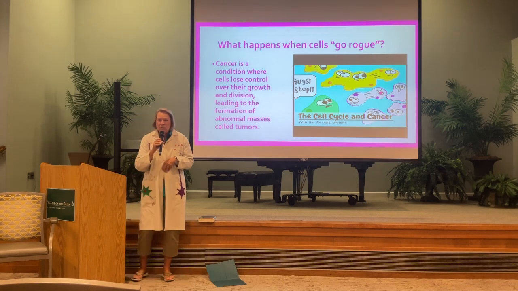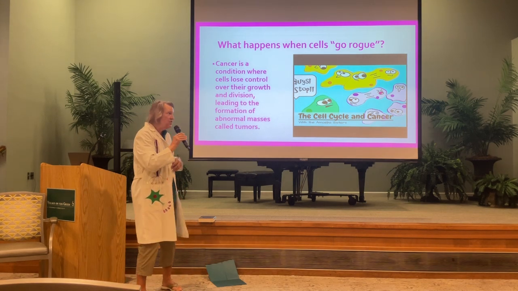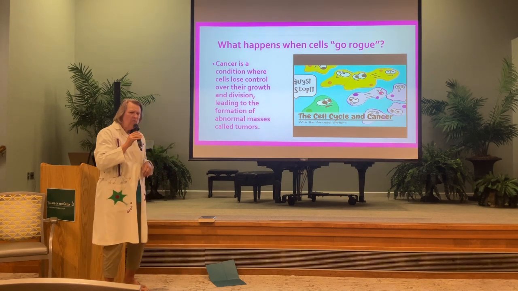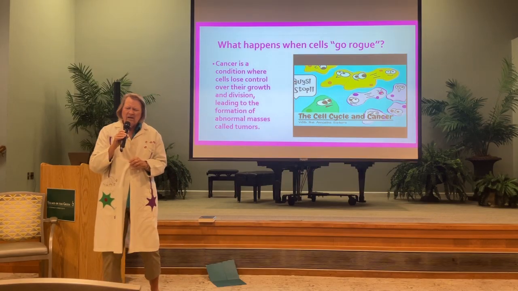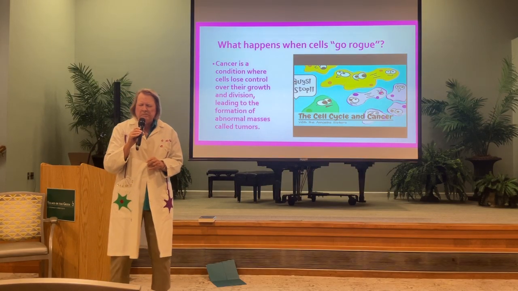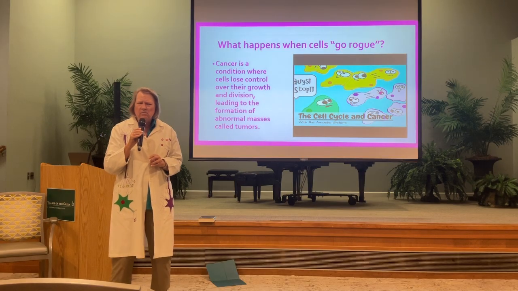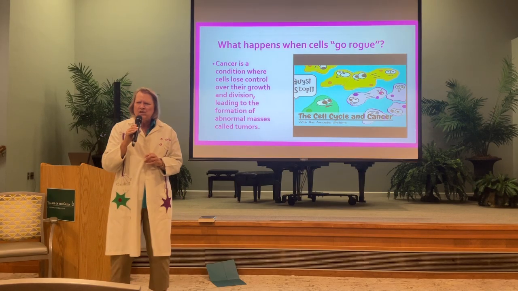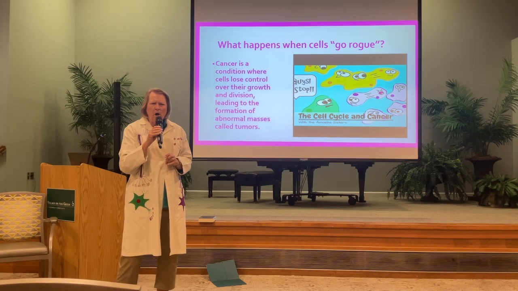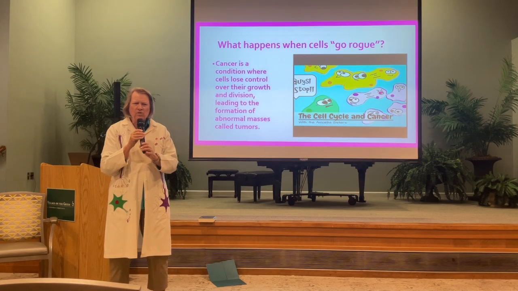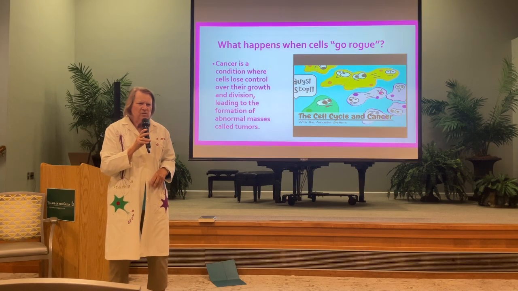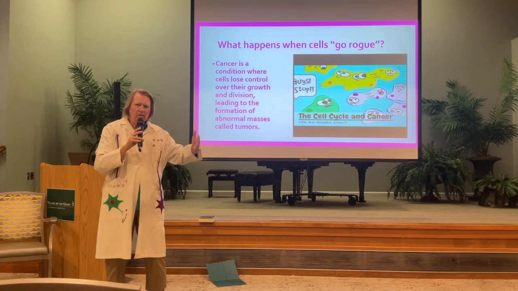And what happens when cells go rogue, when this doesn't work? You might remember, I seem to remember back in the early 70s, when President Nixon spoke before the nation about the war on cancer, and said we will solve this in the next 5 years. It was kind of following on the space race.